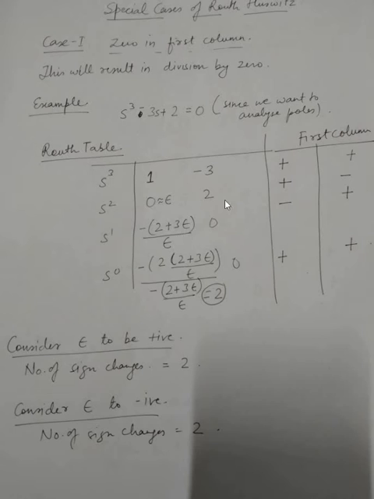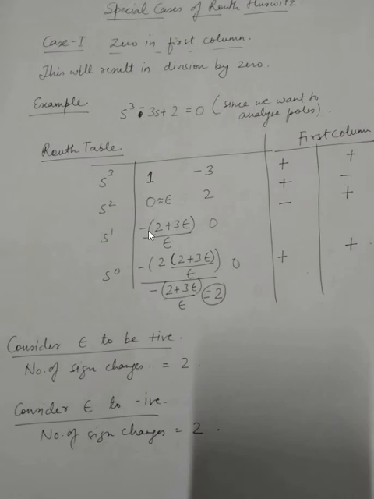Next I move on to this, which is 0 because there are two zeros supposed to be here, and the determinant will come out to be 0 here. Then for s to the power 0, I'll take the determinant of these 4 numbers, so 0 into 0 is 0, minus 2 times this number, and I have to take minus of it.